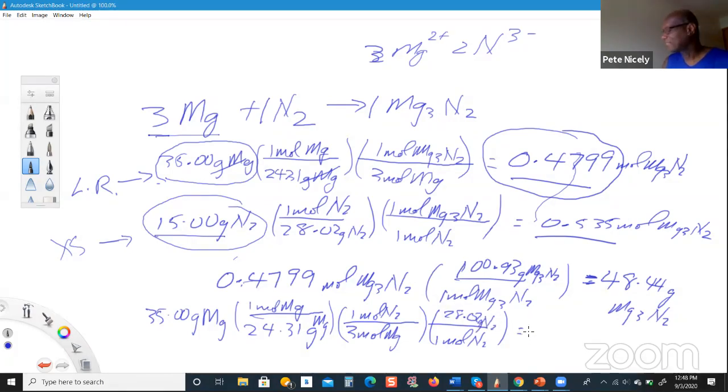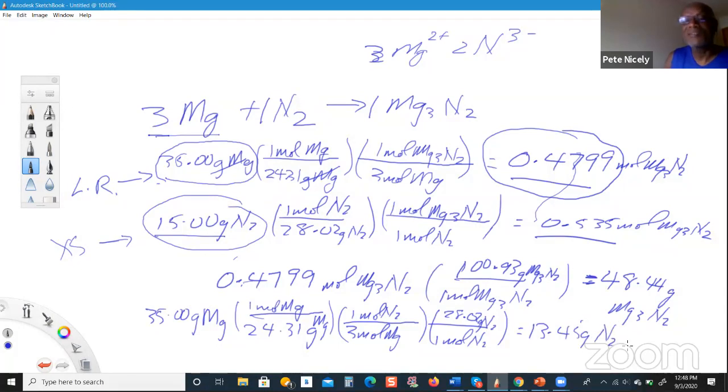And we calculate this. So get out my calculator again. 35 divided by 24.31 divided by 3 times 28.03. And according to my calculations, this works out to be equal to 13.45. So here I'm going to write down 13.45 grams of nitrogen.